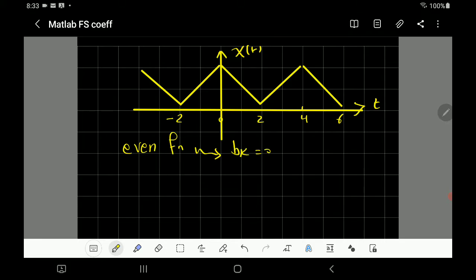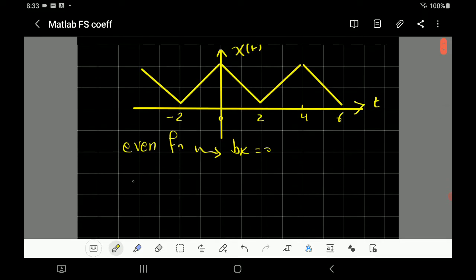All right, so we should write the expression of the signal in the time domain, so lowercase x of t. From minus 2 to 0, the slope of this straight line is 1/2 and the y-intercept is 1.